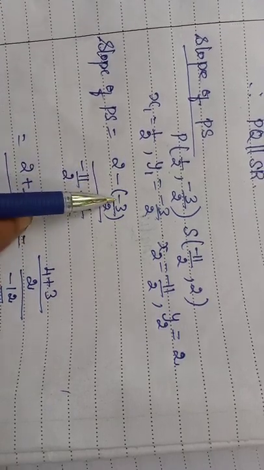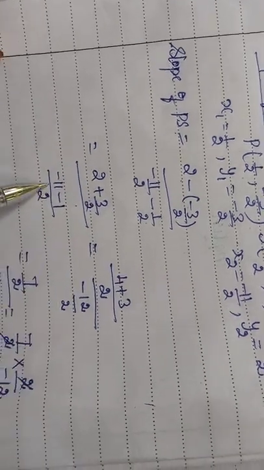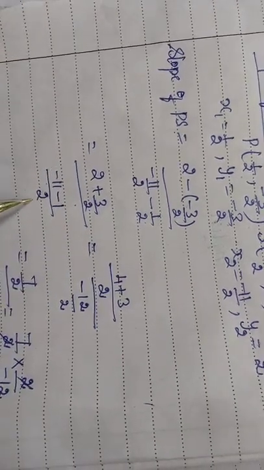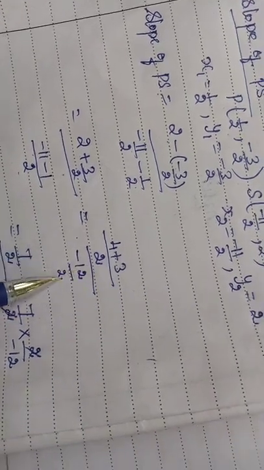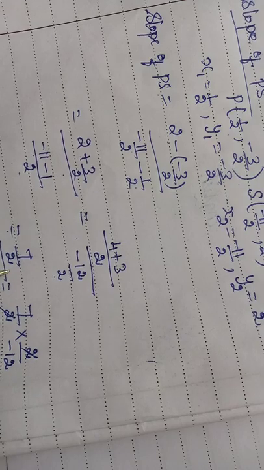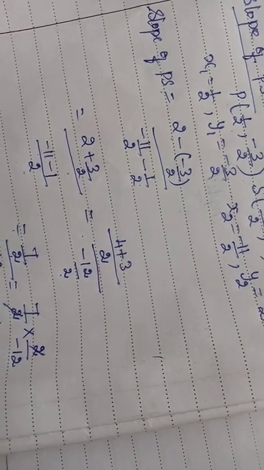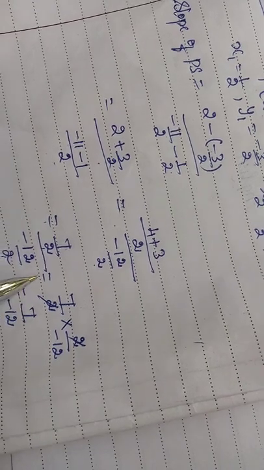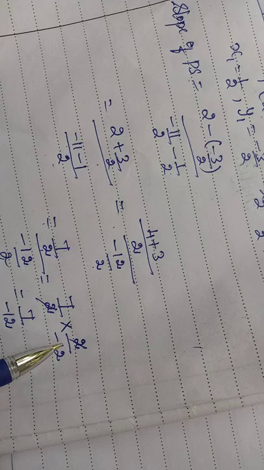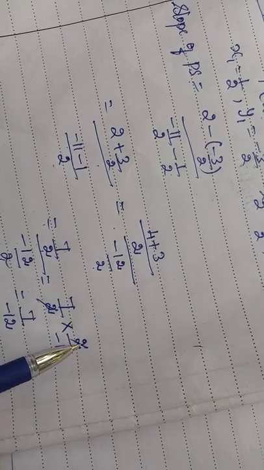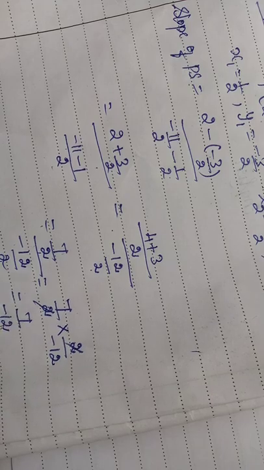Here minus into minus is plus, so 2 plus 3/2 divided by -11/2 minus 1/2, which is equal to (4 plus 3)/2 divided by -12/2, which is equal to 7/2 divided by -12/2. The division we change into multiplication, so we write the reciprocal. The 2 can be cancelled, giving 7 by -12.